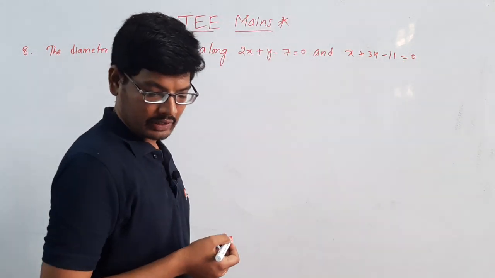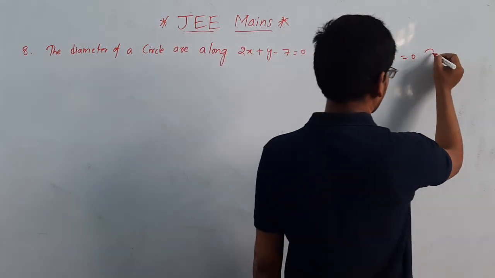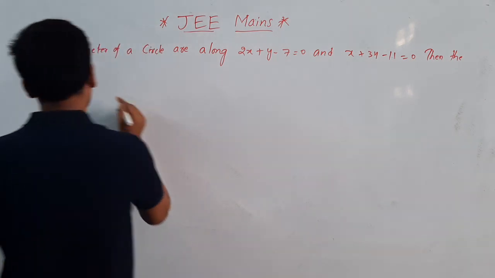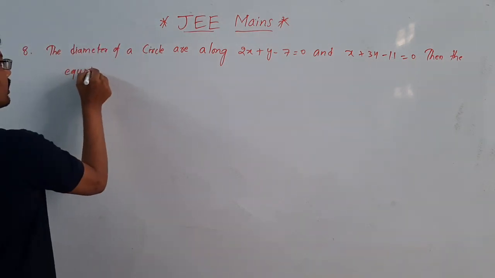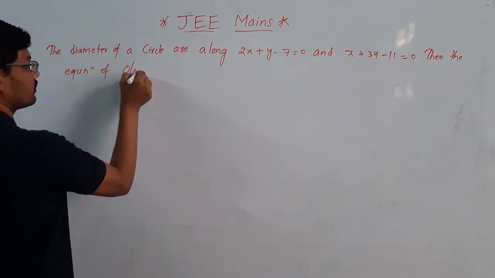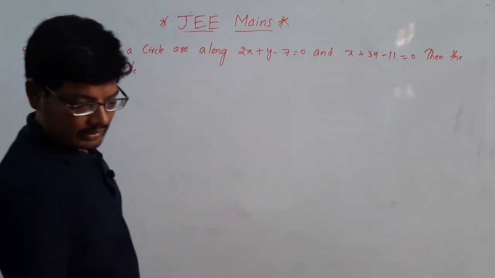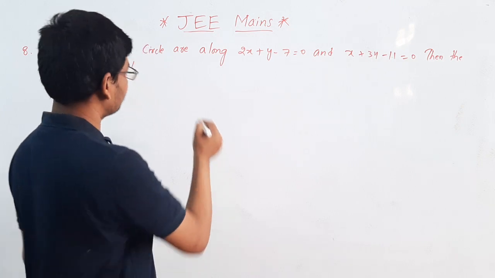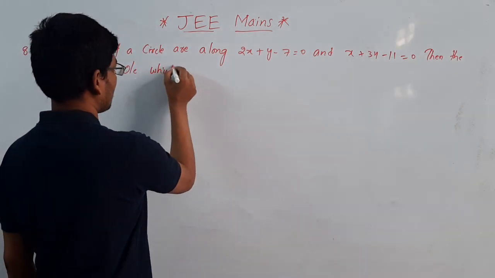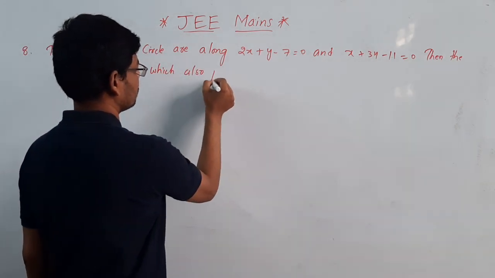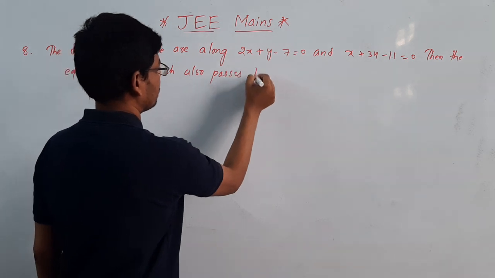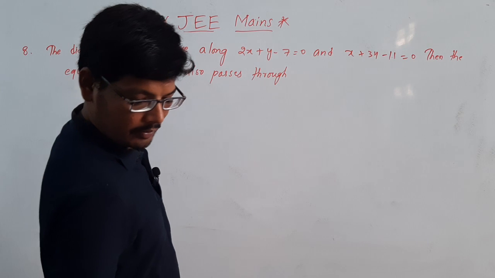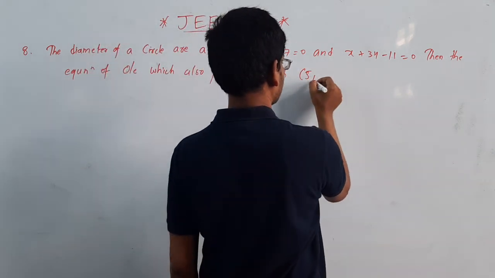Then the equation of the circle which also passes through the point (5, 7) is.